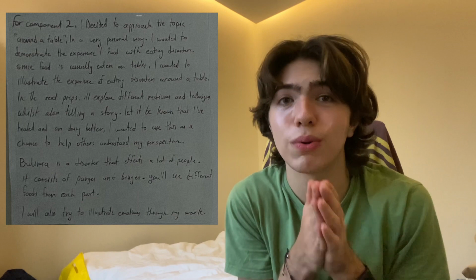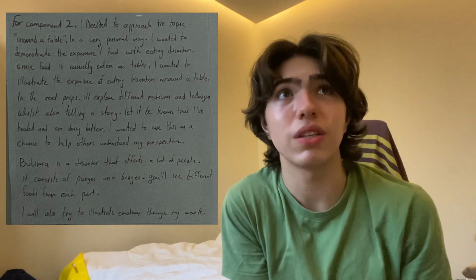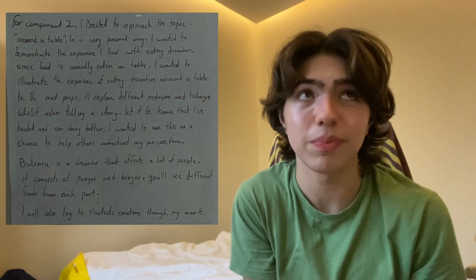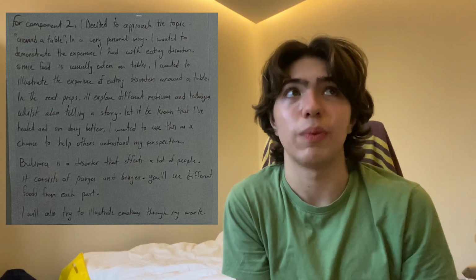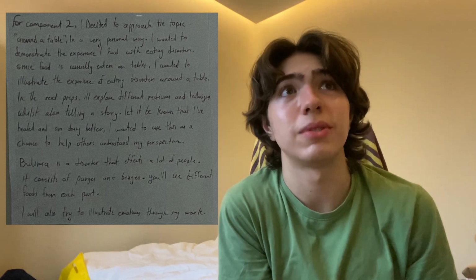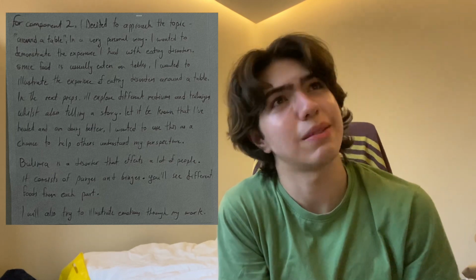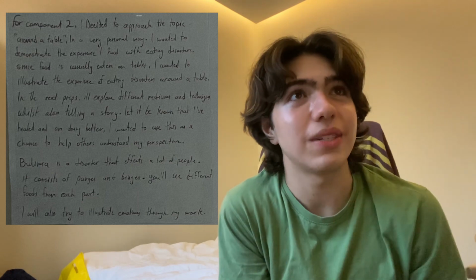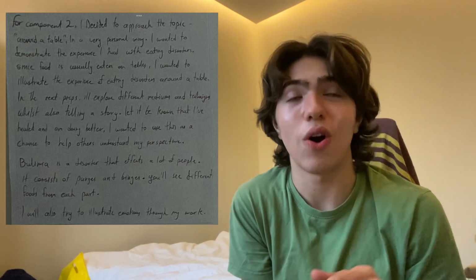So for component 2, I said I decided to approach the topic around a table in a very personal way. I wanted to demonstrate the experience I had with eating disorders. Since food is usually eaten on tables, I wanted to illustrate the experience of eating disorders around a table.